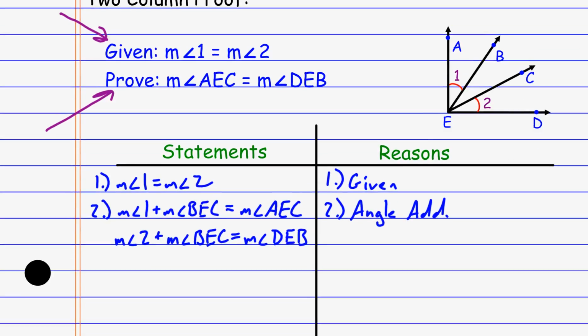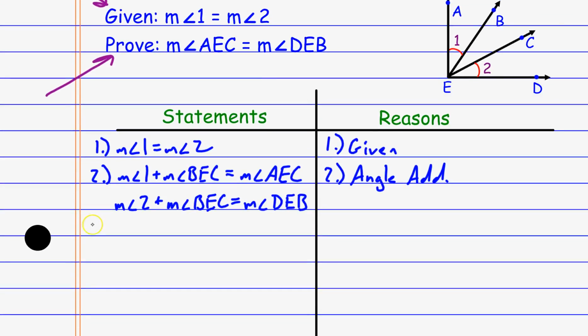The next thing that I could say, step 3 here, is that the measure of angle BEC is equal to itself.